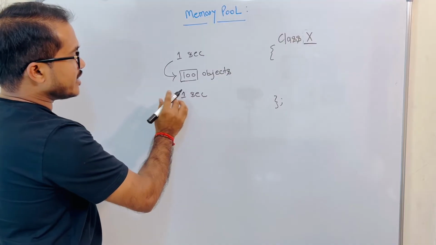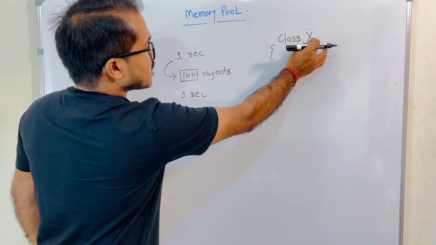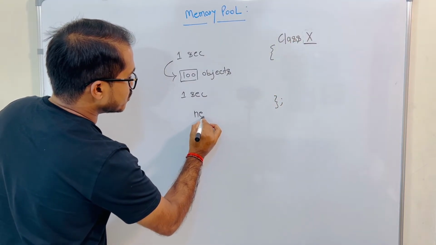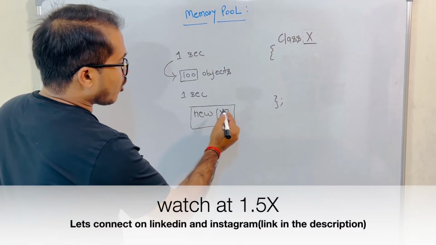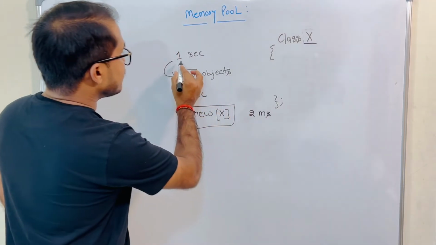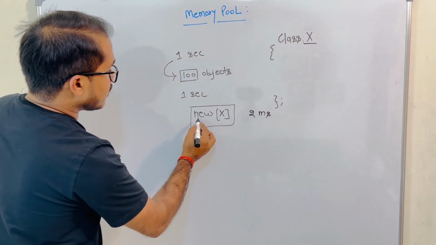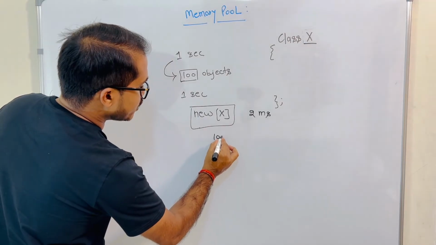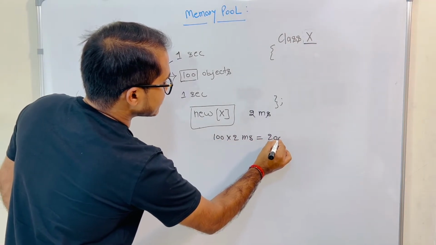I allocate memory to the objects using the new keyword. Let's say this operation takes 2 milliseconds, and within 1 second I create 100 objects. So the total creation time will be 100 into 2 milliseconds, which is 200 milliseconds.